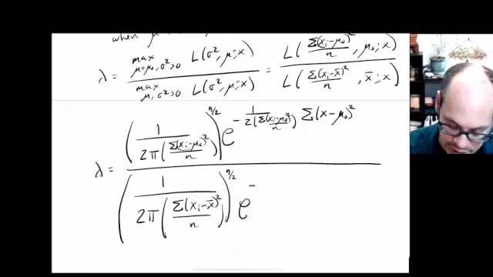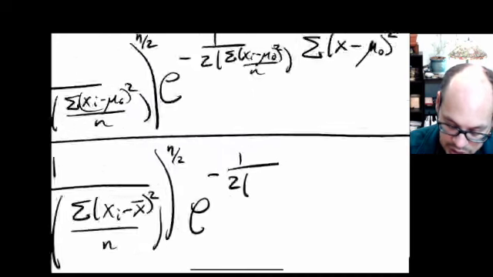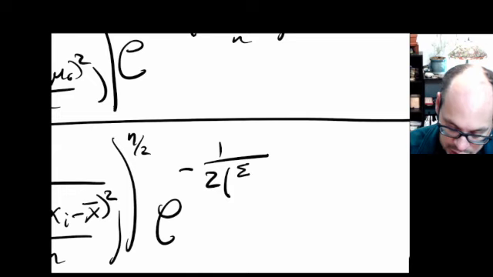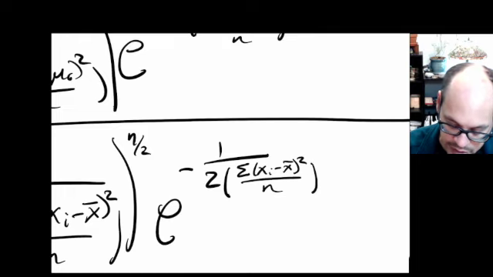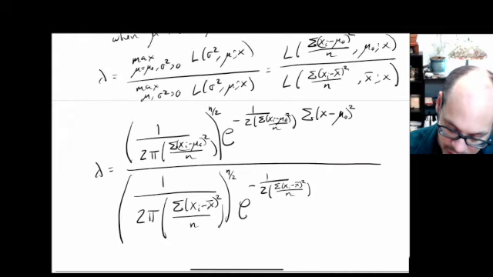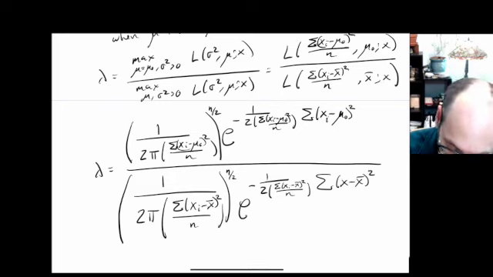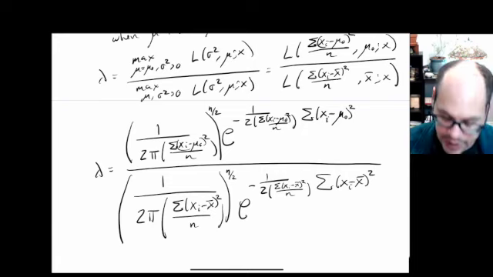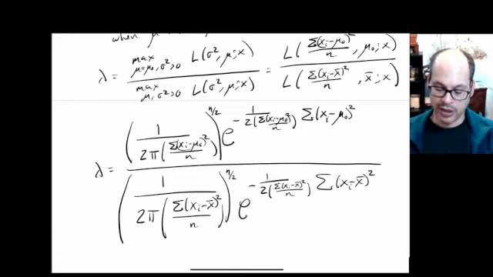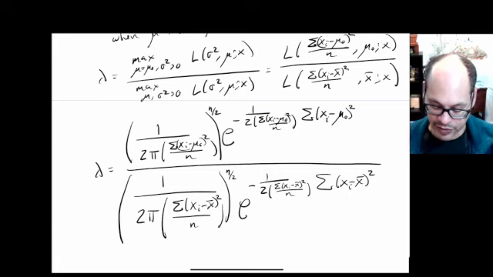And then it's e to the minus 1 over twice the sigma squared for that, which is the sum of xi minus the x bar quantity squared over n, times the sum of x minus x bar. These are xi's. Good. So we've got that.